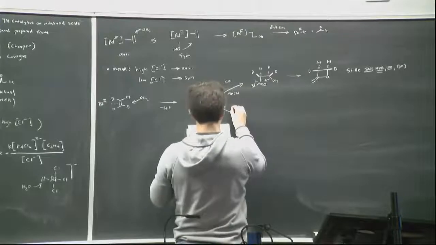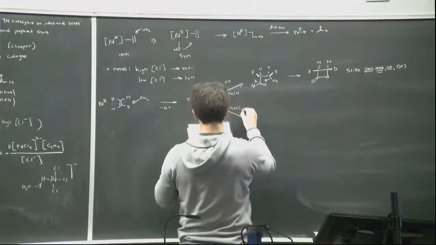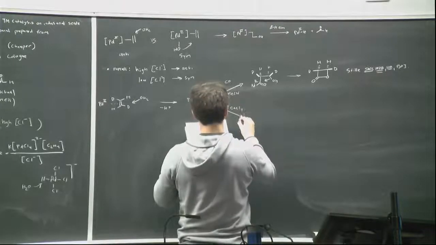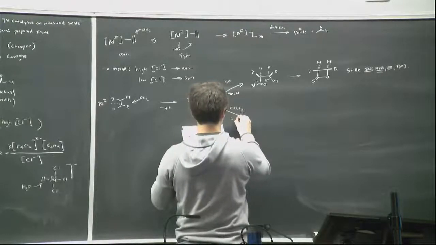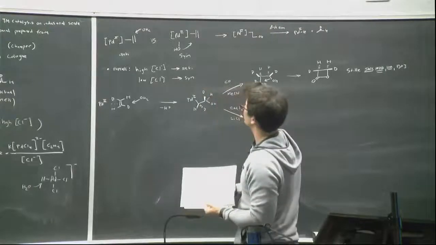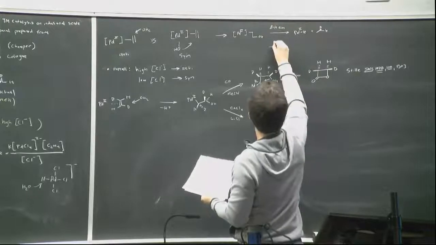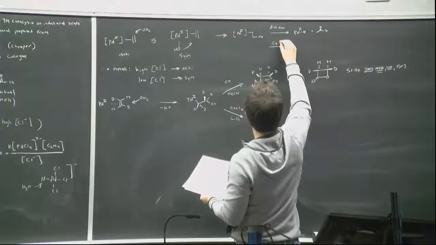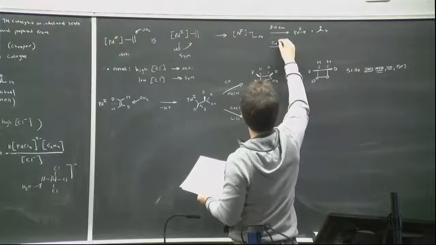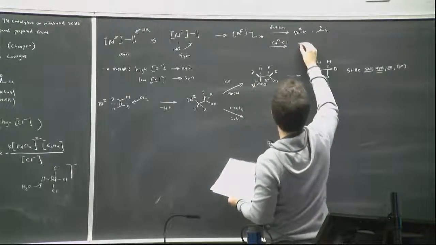And then another way to trap, so it's known that particularly at high chloride concentration, one of the byproducts of the Wacker oxidation is that you can react with some copper chloride species to make the corresponding chlorohydrin.